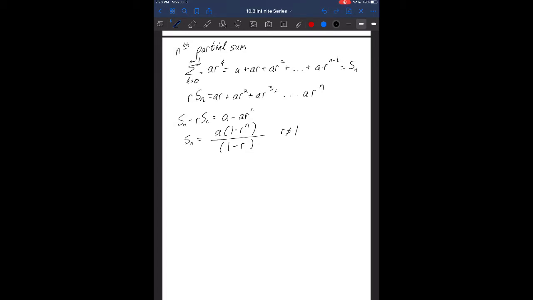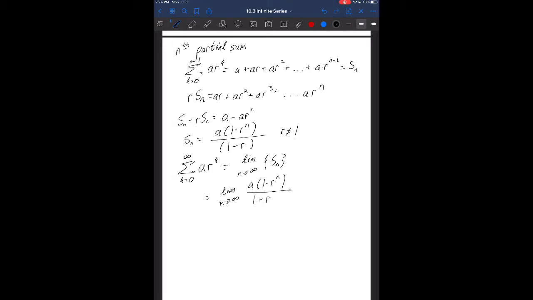Okay. So we have this nice formula for these partial sums, and so we know that the sum from k equals 0 to infinity of a r to the k is going to be equal to the limit as n approaches infinity of these partial sums, which is exactly the limit as n goes to infinity of a times 1 minus r to the n over 1 minus r.